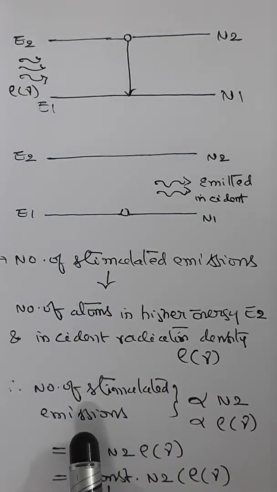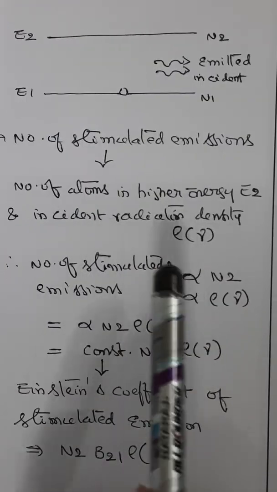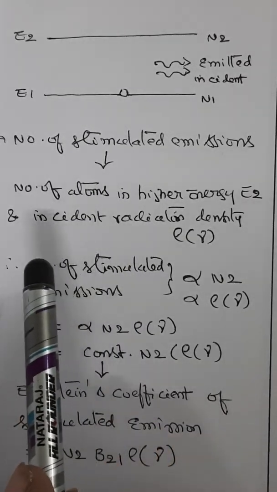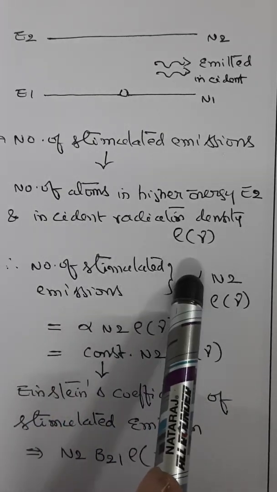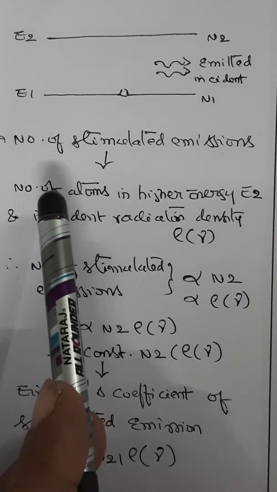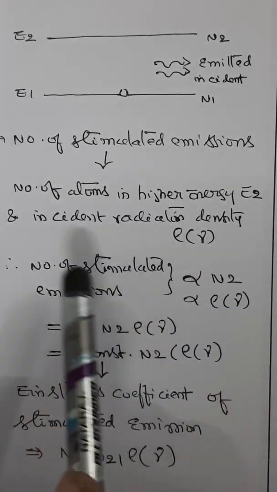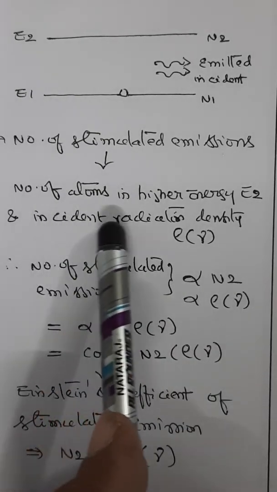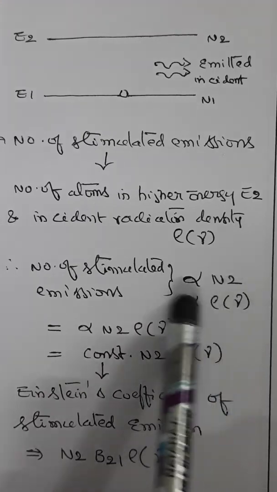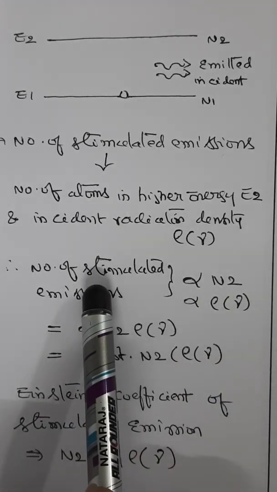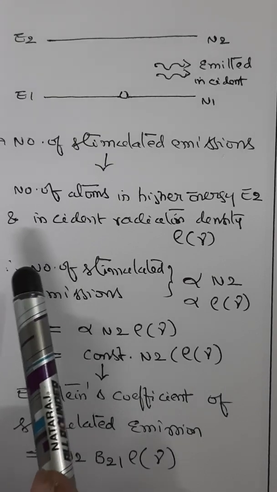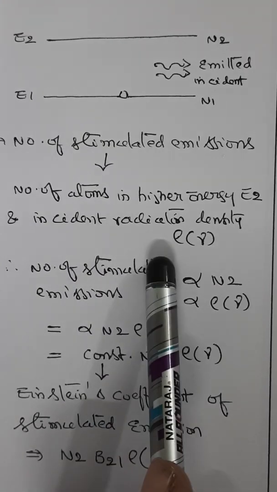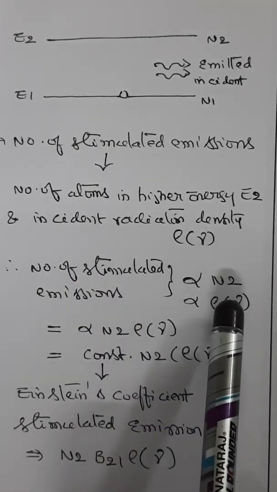Therefore, the number of stimulated emissions is directly proportional to N2, the number of atoms in the higher energy state, and directly proportional to rho nu, the incident radiation density. So the number of stimulated emissions is proportional to N2 into rho nu.